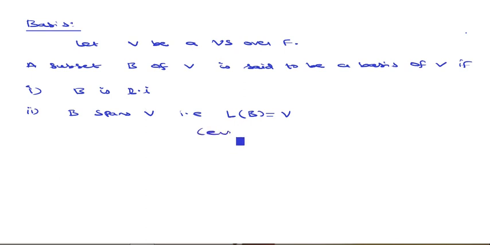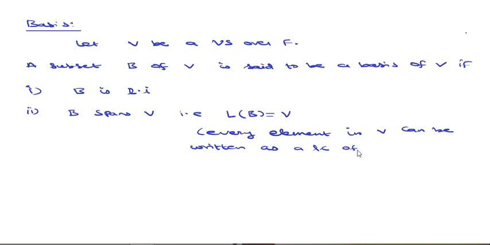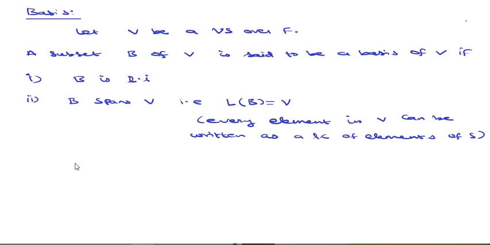So the definition is every element in V can be written as a linear combination of elements of B. Next definition, dimension.